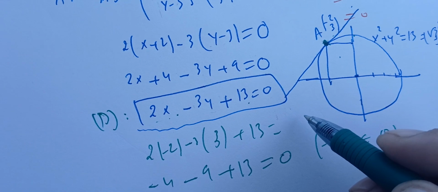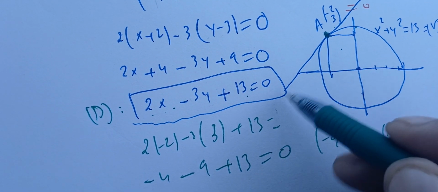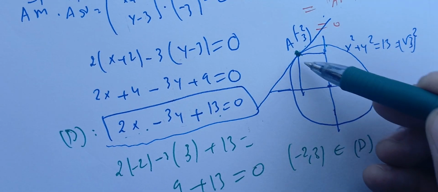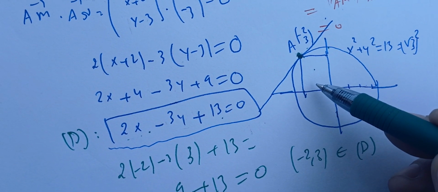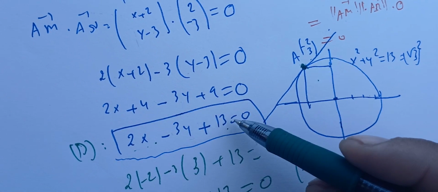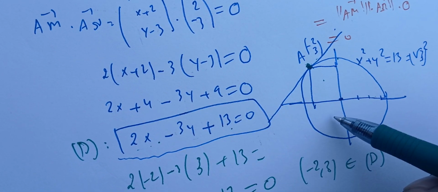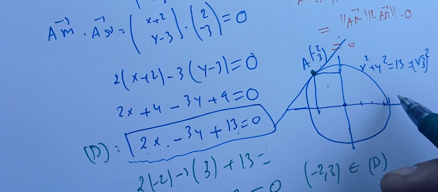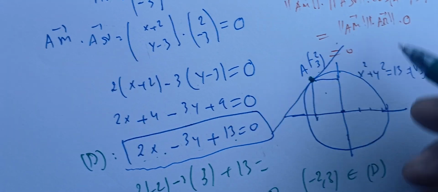Okay? That means this is my equation, the equation of the line that's tangent to the circle at this point (-2, 3). This is the quickest way of finding the line. There are other ways we can do it.